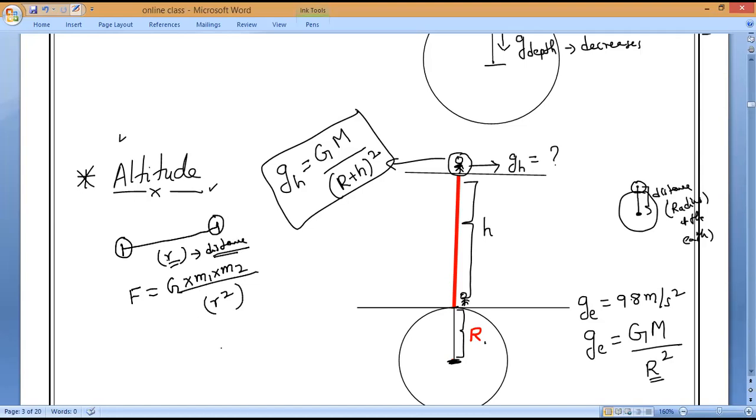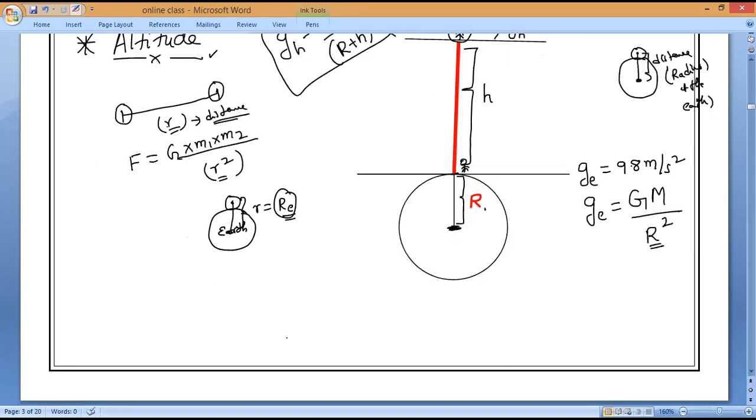Now, when a small object is present on the surface of the earth, that object is considered extremely small, so the distance between the centers is approximately equal to the radius of the earth. That is why we replace small r with capital R.